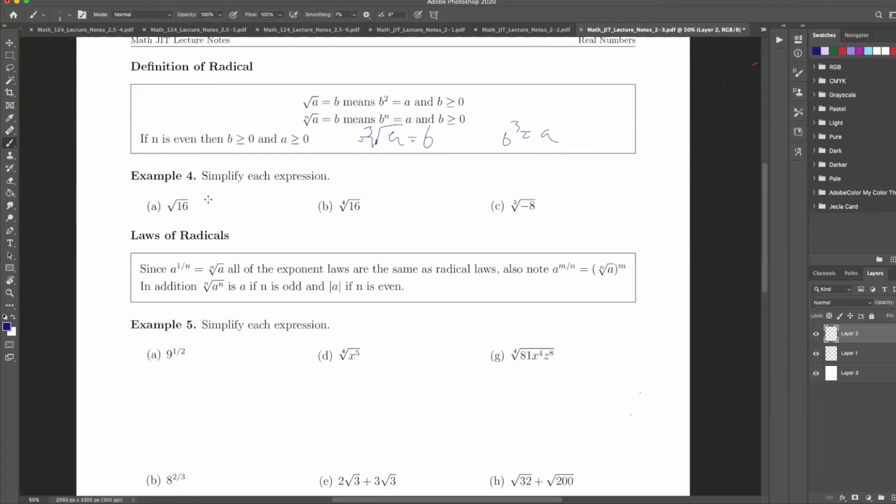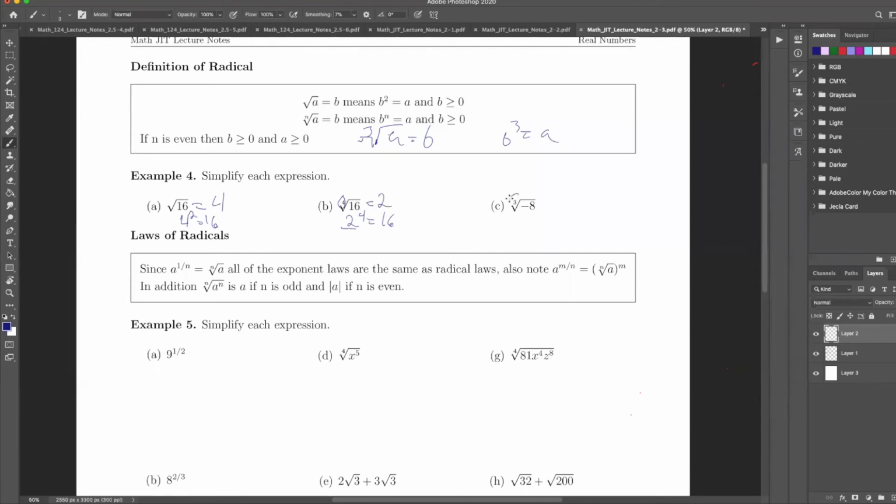All right, so here, when we simplify this, I want to find the square root of 16. What squared is equal to 16? Well, 4 squared is equal to 16, so the square root of 16 is 4. Here, if I take the 4th root, what to the 4th power is equal to 16? Well, 2 to the 4th power is equal to 16. And so here, the quartic root, so 4th or quartic root here would be 2.